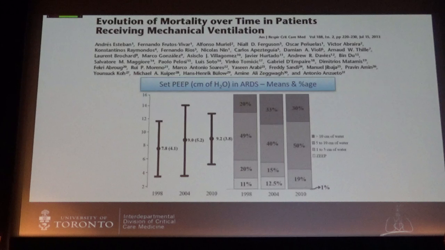Over time, we've seen, I would say, a modest increase in the average PEEP set in patients who are labeled by their clinicians as having ARDS, which is probably only a subgroup of the patients who really have ARDS. But I'll point out that most of this increase in mean PEEP has been the elimination of a small subset of patients in the late 90s and early 2000s who were being ventilated with very low levels of PEEP.